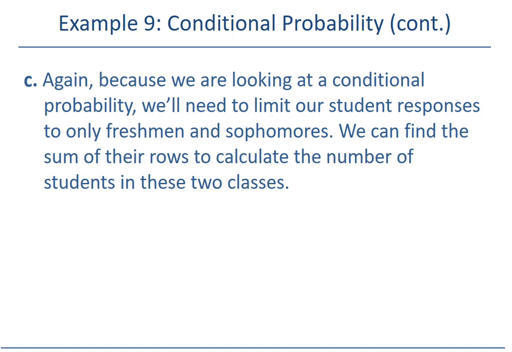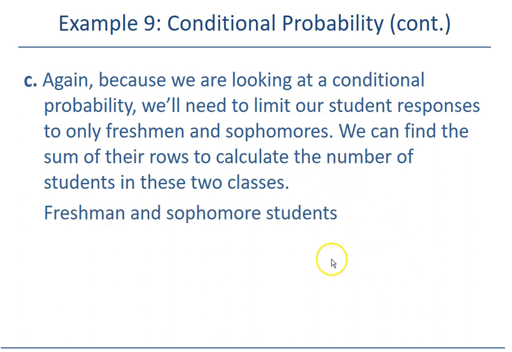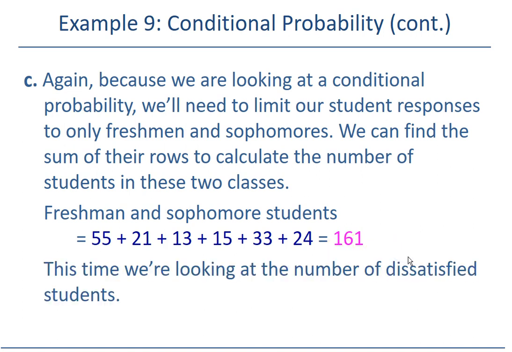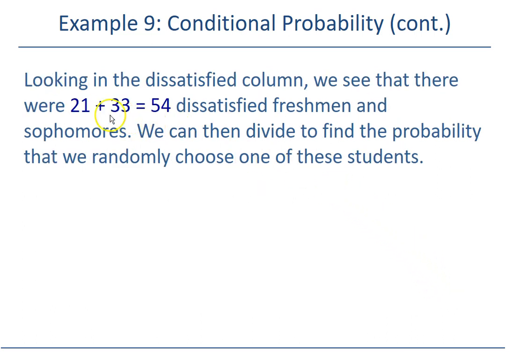Now for letter C, we're looking at conditional probability. So we have to find out what's our total freshman-sophomore student count, which we said was 161. And then we're looking for dissatisfied students, which were 54, adding up those last two.